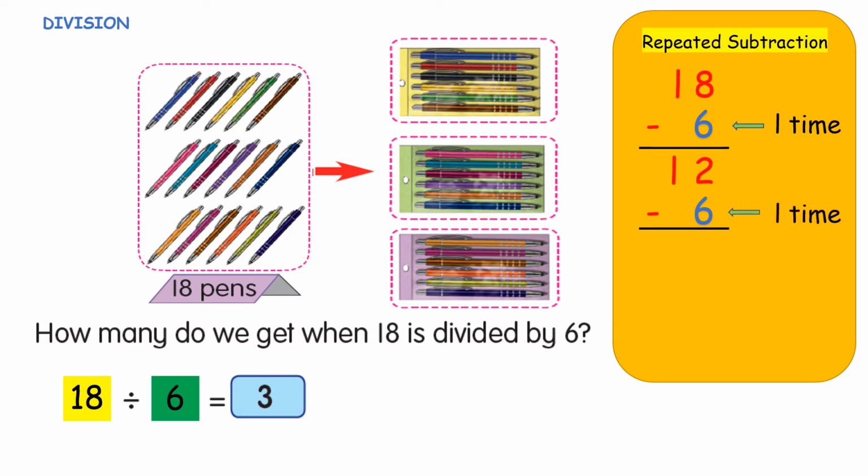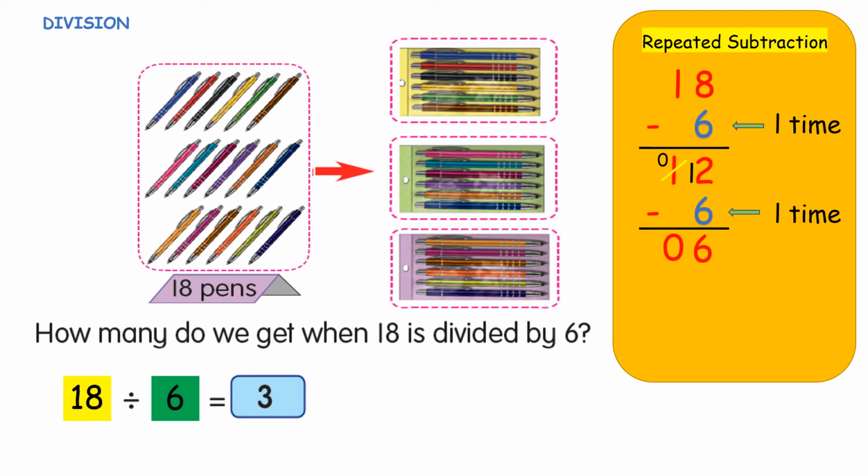Now this is another 1 time of 6. So 2 minus 6. 2 cannot minus 6 because 2 is smaller than 6, so we have to borrow from 1. So 1 becomes 0, and then give 10 to 2. 10 plus 2 equals 12. Now 12 minus 6 is 6, and then put down 0.